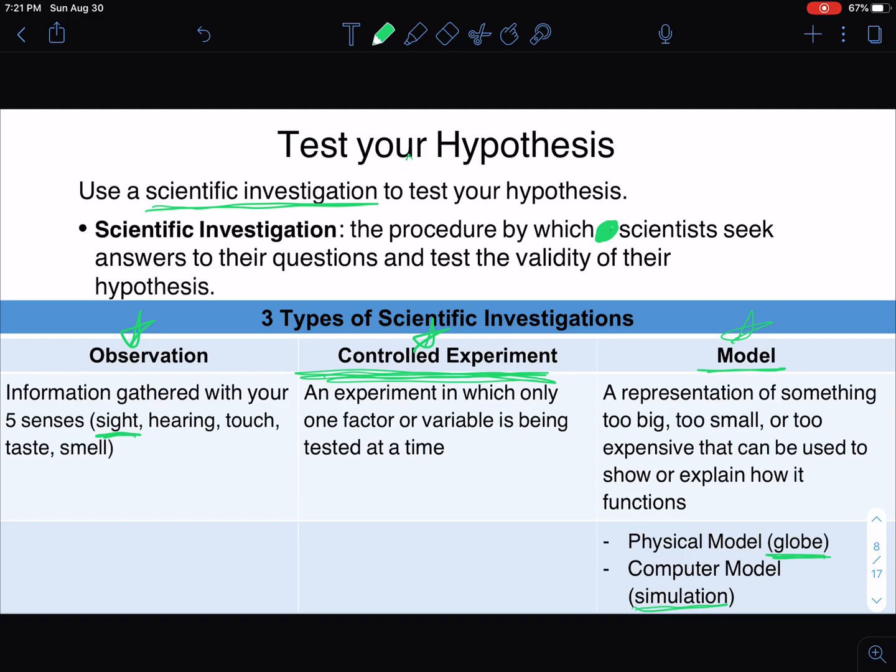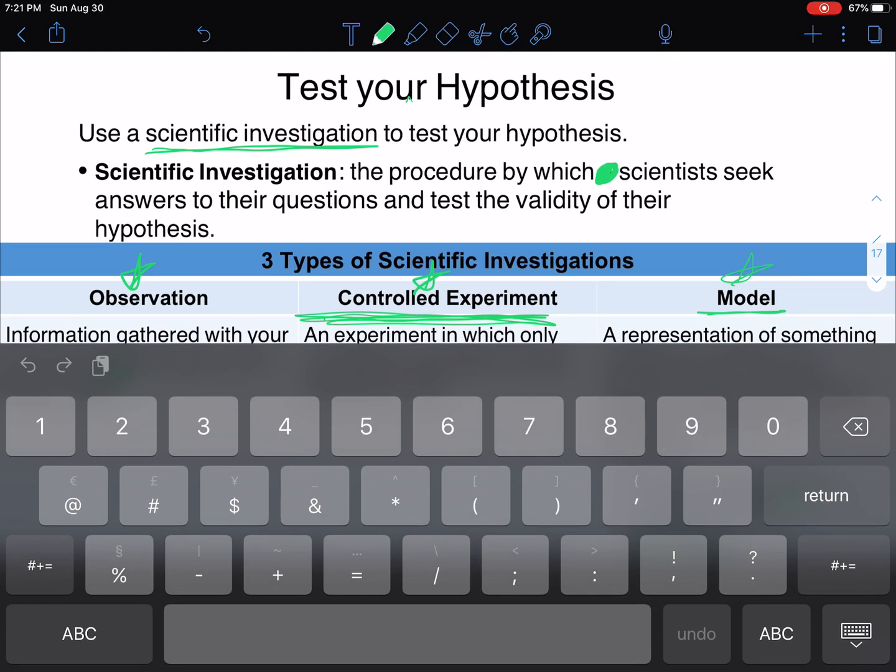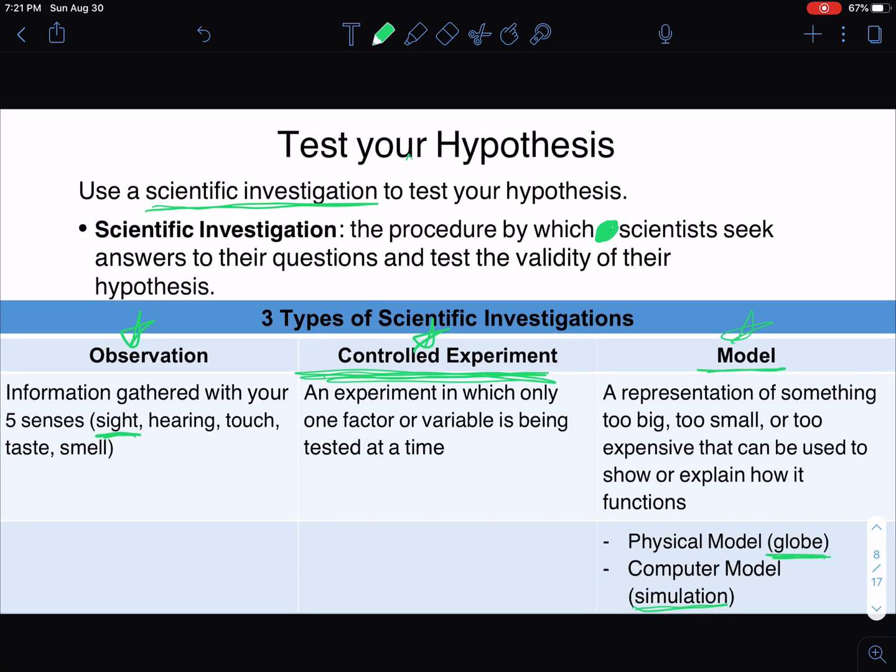The third type of model, it got cut off here, is a mathematical model. Now, mathematical models are basically equations.